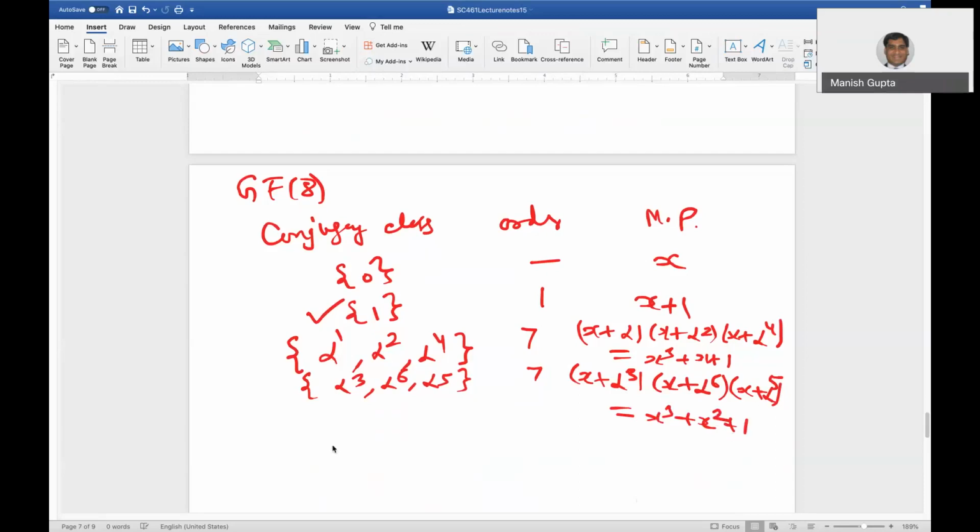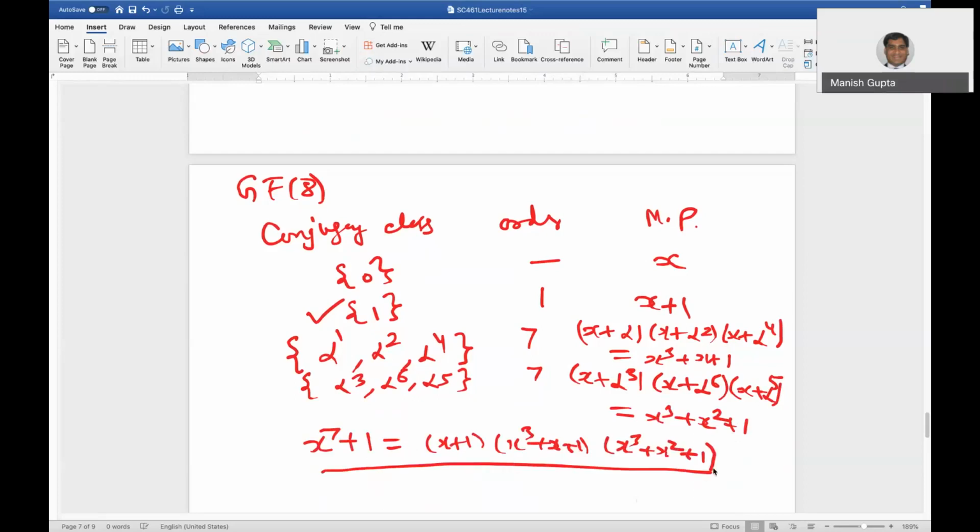So essentially, this also gives a factorization of x to the power 7 plus 1 as x plus 1, x cube plus x plus 1, then x cube plus x square plus 1. So cyclotomic cosets are very important here to do the factorization.